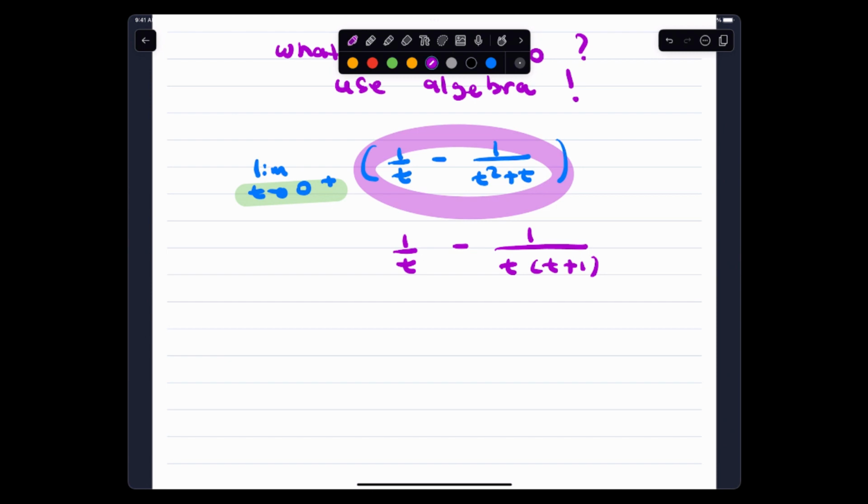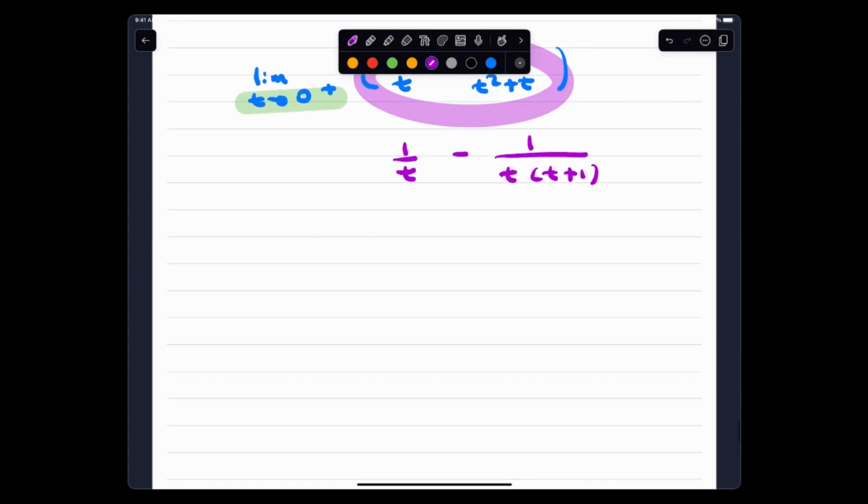I do have some subtracting rational information on my website. But you guys remember how to do that? There's a way to do this. You know what you should do? Of course, you do need the LCM. I'm going to say multiply top and bottom by what? T plus 1, okay? Be a little bit more efficient, because sometimes the price you pay for inefficiency is more algebra later on.